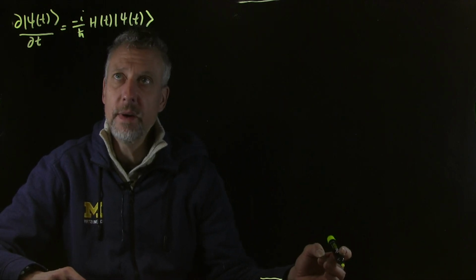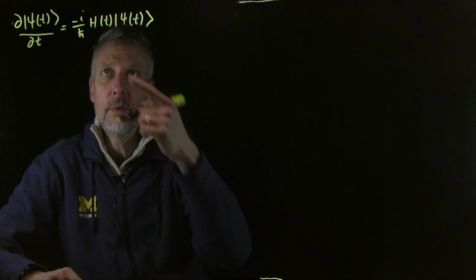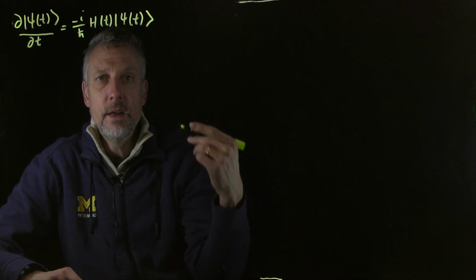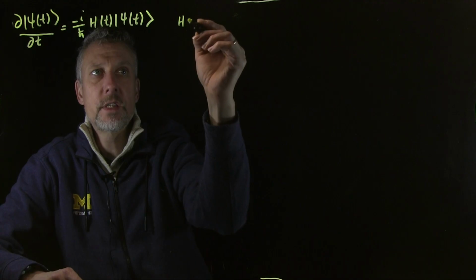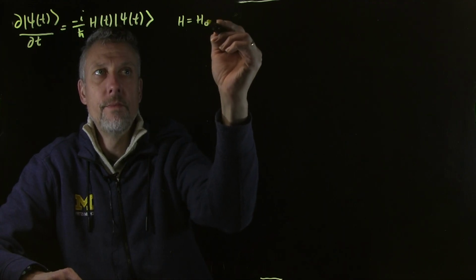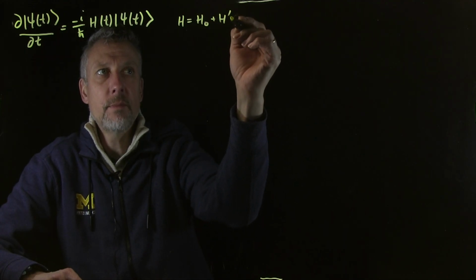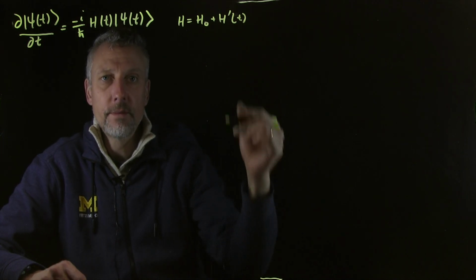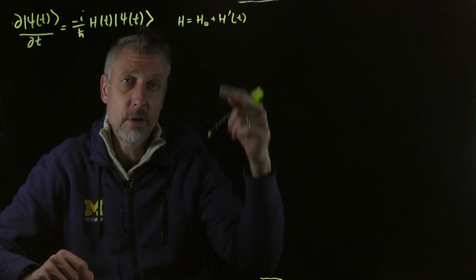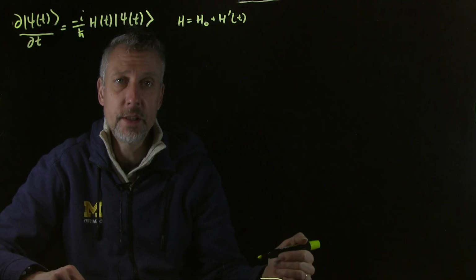You might choose a basis that, for example, if the Hamiltonian is a relatively simple Hamiltonian that you know, and there's something that depends on time that's different. Later on, we'll see how you can do perturbation theory, but we're not talking about perturbation theory now.